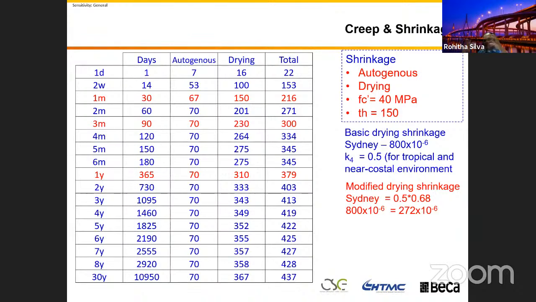Unless you realign the bridge, you otherwise have a significant impact, especially on your bridge deck thickness. So you need to pay special attention to the creep and shrinkage calculation in prestressed concrete girders.